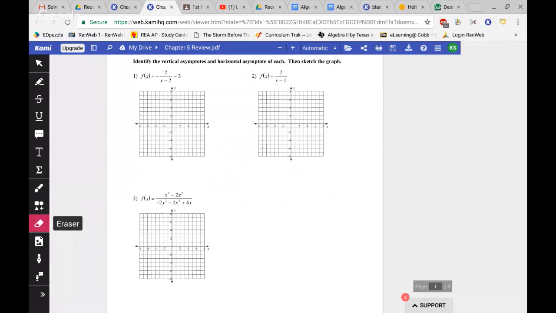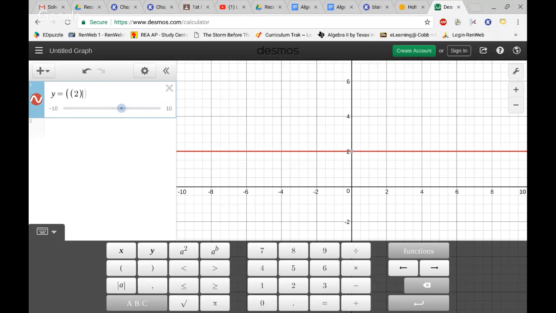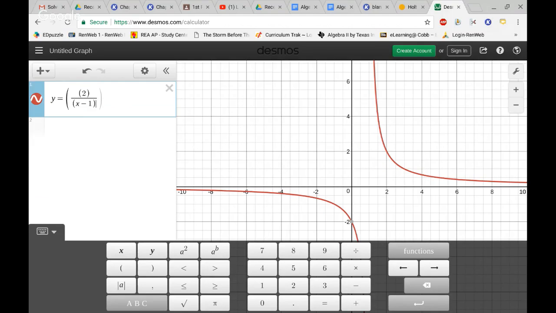When I plug it in, you go to the y equals for graphing. Let me go over here to Desmos and try to show you what I mean. So y equals, and you just want to make sure that you're putting in parentheses everywhere.